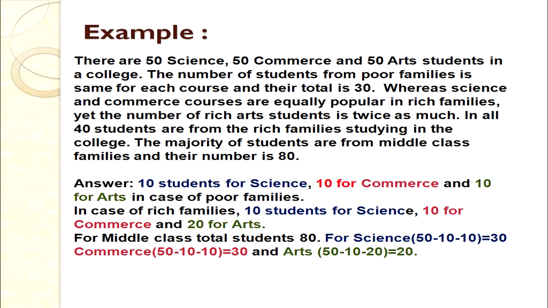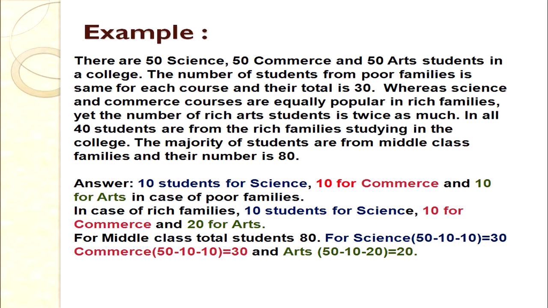Now, for the middle class, the total strength is 80. Here we need to calculate by subtracting what we have got, because in the top line it is given that there are 50 science students, and we have done 10 for poor families and 10 for rich families. So, 50 minus 10 minus 10 gives 30 for science.